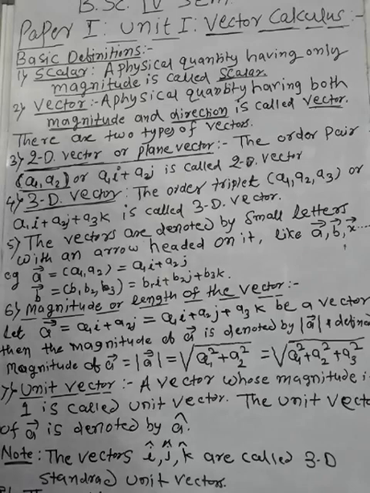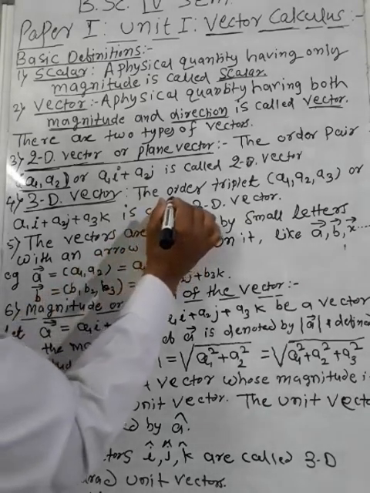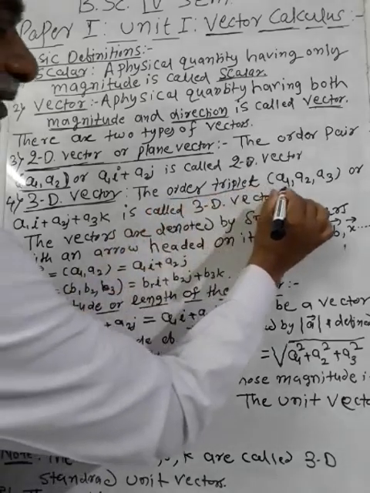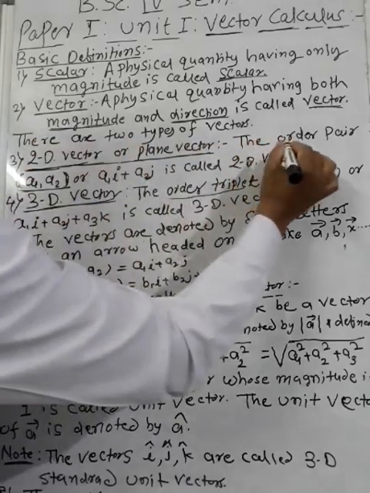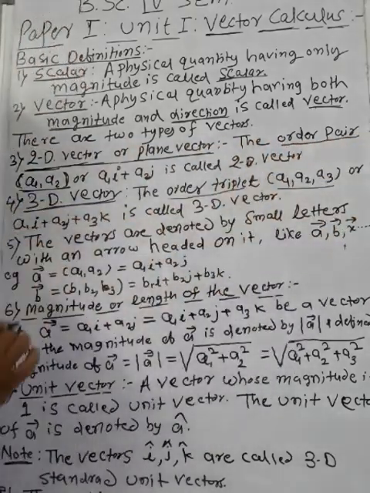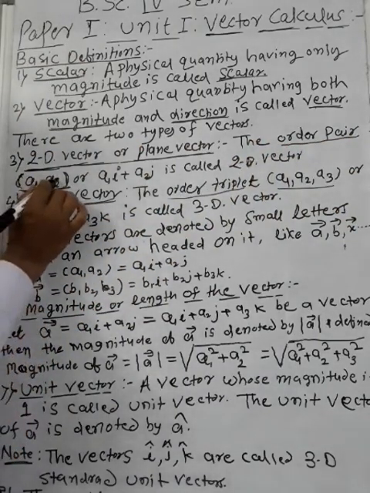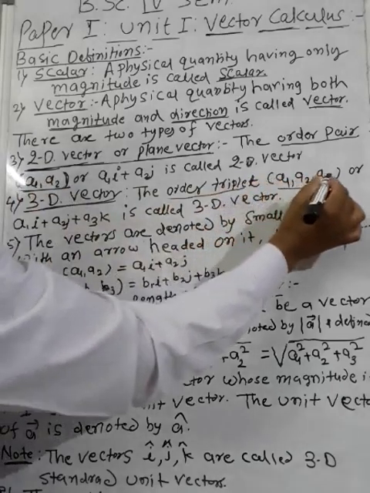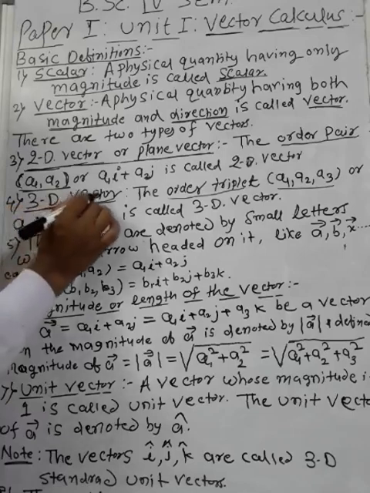And in 3D we are considering the coordinate of a point as an ordered triplet, and in 2D we are considering the coordinate of a point as an ordered pair, and hence an ordered pair or ordered triplet is going to be a two-dimensional vector or a three-dimensional vector.